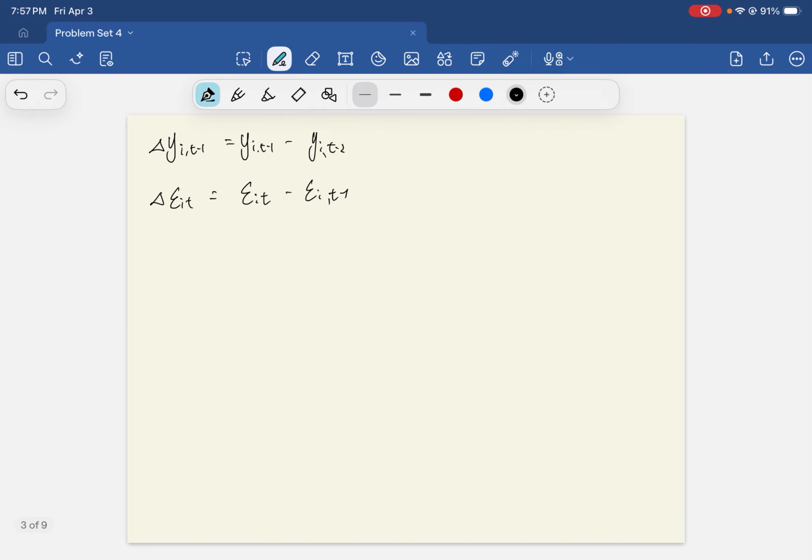So that means epsilon_t is not in those guys. These guys are not including epsilon_t at all. But the problem here is epsilon_t-1 obviously is correlated with y_t-1, right? Directly, it's contemporaneous shock.